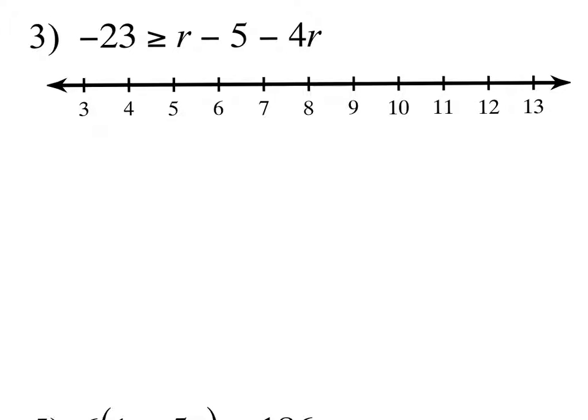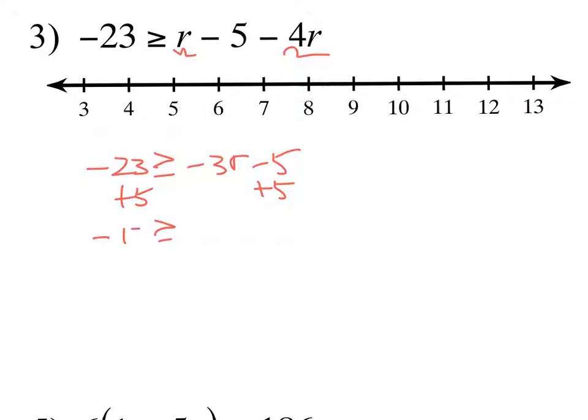Next problem, combining like terms. I'll just copy down that symbol. Then I have r minus 4r, so negative 3r minus 5. When I add 5 to both sides, then I'll have negative 18 is negative 3r, divide by negative 3. I'm dividing both sides by negative 3, so that's our flip situation.